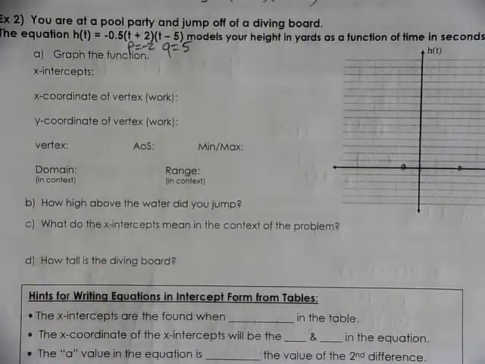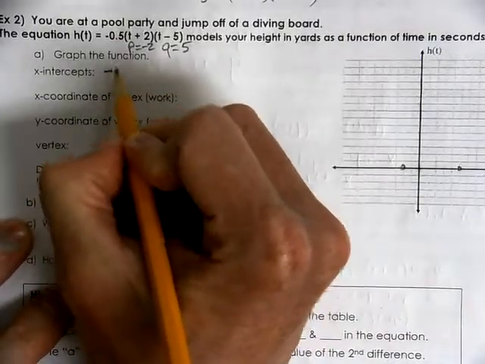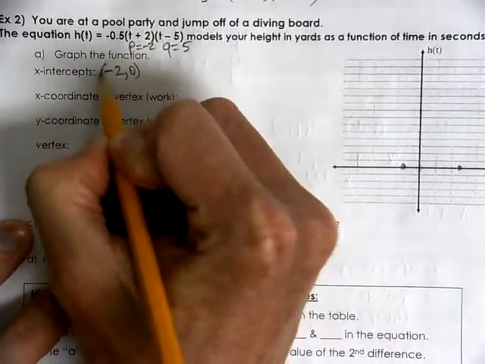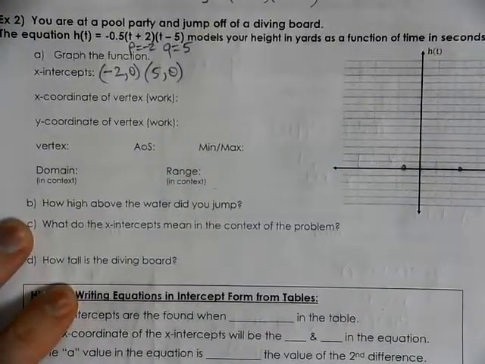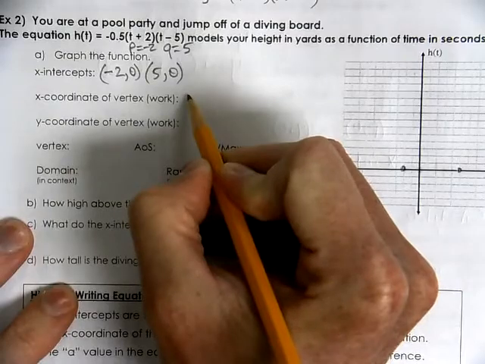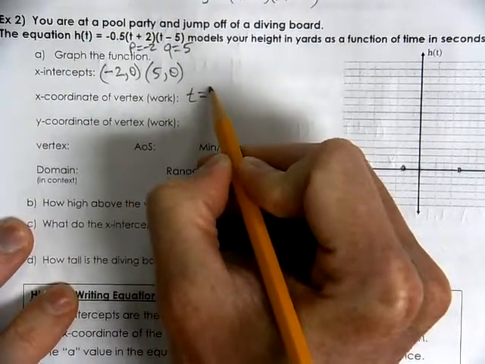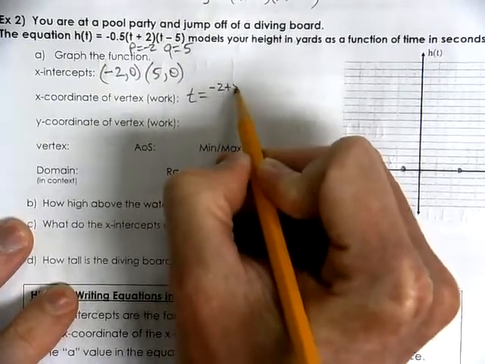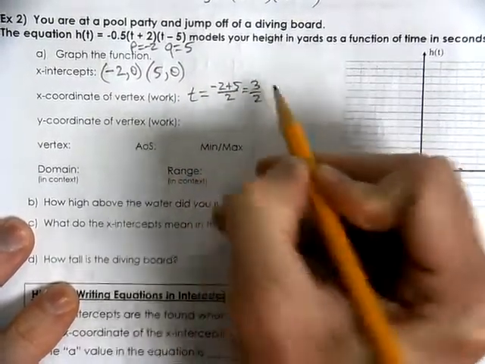This stands for time, because your x is your t value. So we're at (-2, 0) and we're at (5, 0). So your line of symmetry, you could call it t in this case. t is going to be (-2 + 5) divided by 2. That is 3 halves.